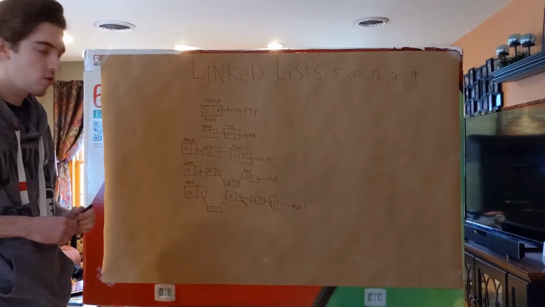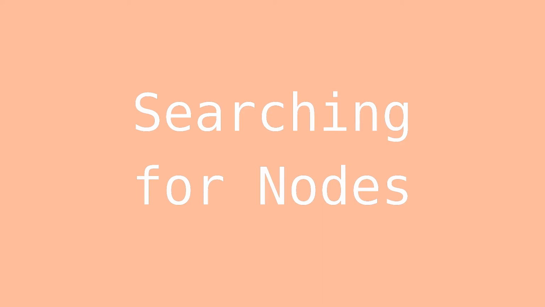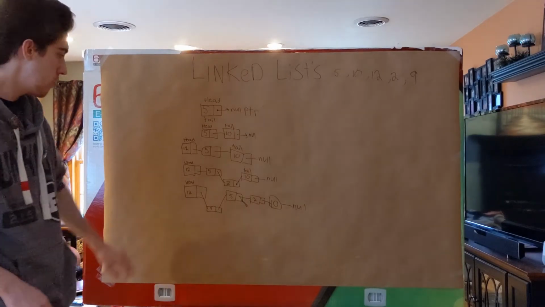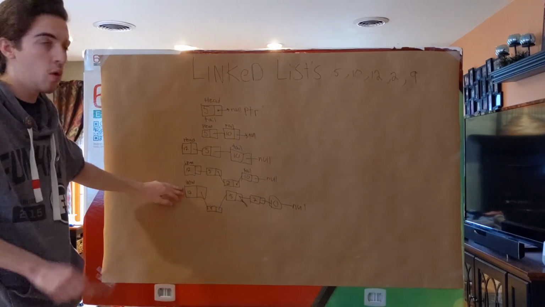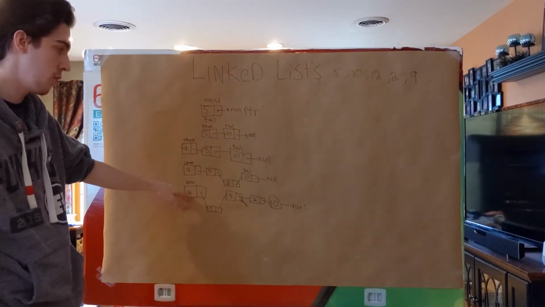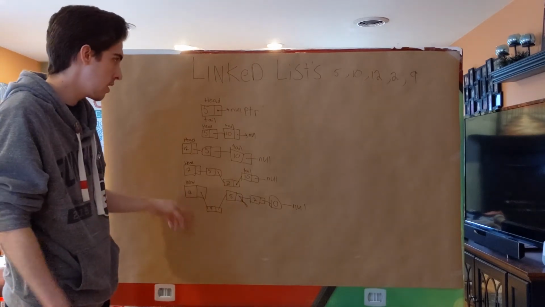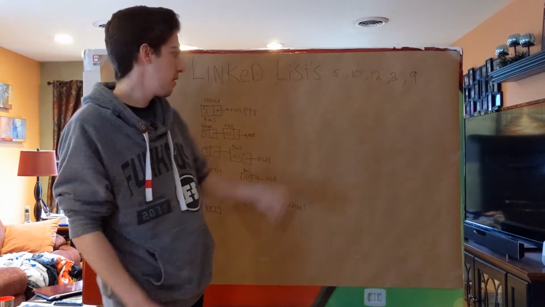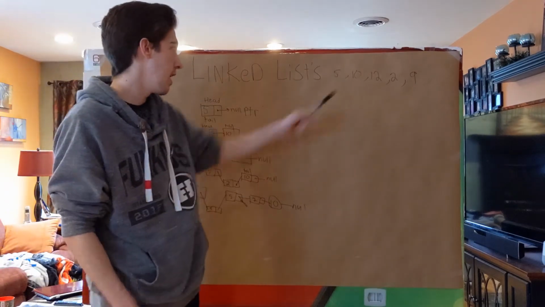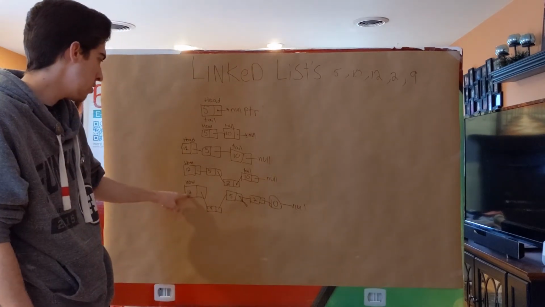Next, I'll go over searching. Searching inside of a linked list is pretty simple. All you have to do is start at the head, like everything. You always start at the head for inserting, deleting, and searching, because that's the first point you start at. Let's say we're searching for 10. We look at the first one.